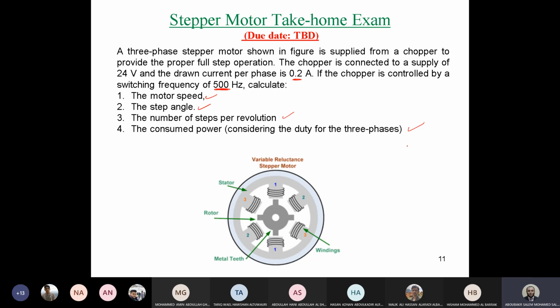Consider the duty cycle for the 3 phases, which means you are making pulses for the 3 phases, and these pulses are shifted. They are not connected at the same time because you are not going to energize the coils at the same time. Why? Because it's full step operation. The problems of the variable reluctance motor are very straightforward, to understand how you can calculate the power, frequency, speed, step angle, and so on.